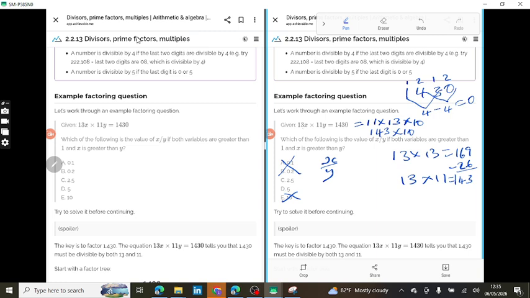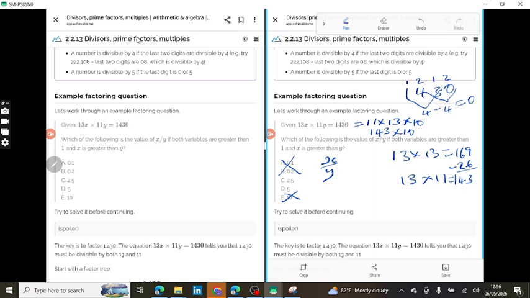Four times 2.5. Yes, 4 times 2.5. I'm just trying to let you know that there are also other numbers.